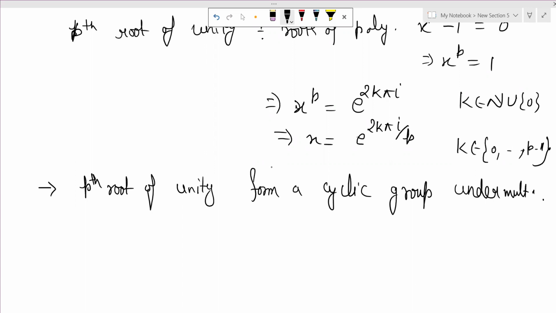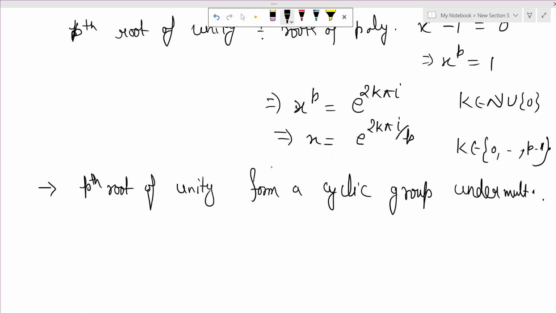The element and its inverse have product 1, so the inverse is 1 by omega.